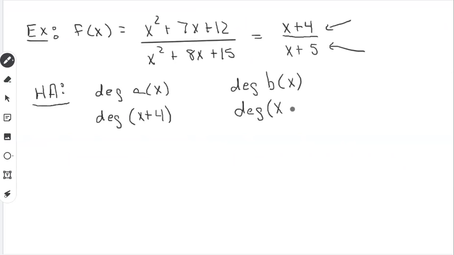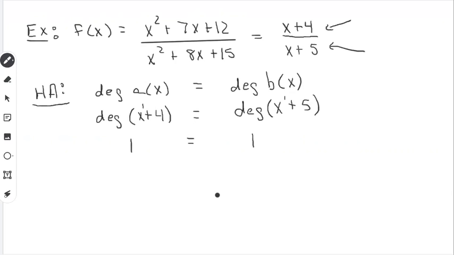X plus 5. What is the highest exponent of x plus 4? Well, the highest exponent is assumed to be 1, so the degree is 1. And what is the degree on the bottom? That's also going to be 1, right? So we have a situation where these two sides are in fact equal. So I'm going to put equal signs on all these.